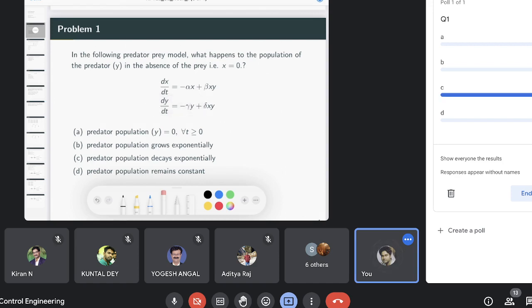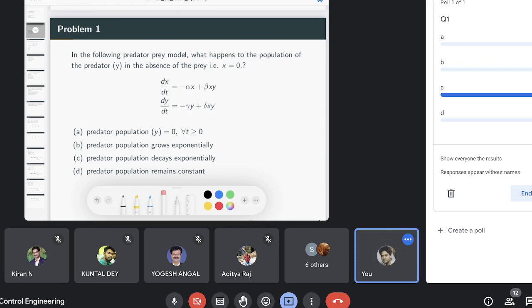If any question is not clear, we can ask. I hope you can see the poll, right? Then we'll discuss this question because it's just a direct question.